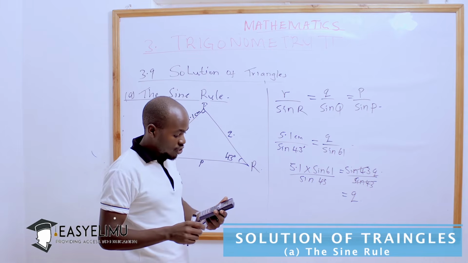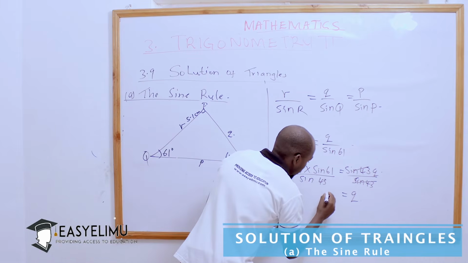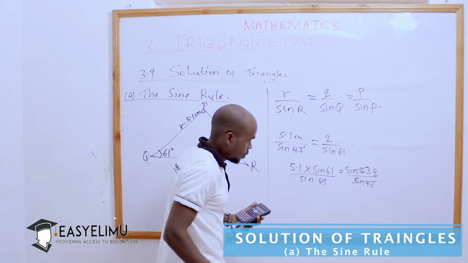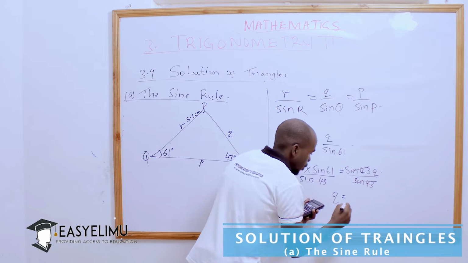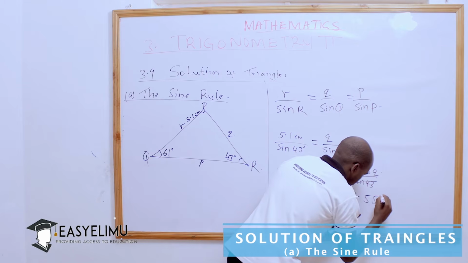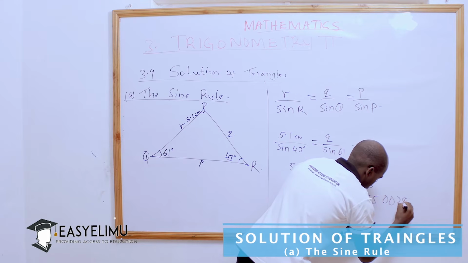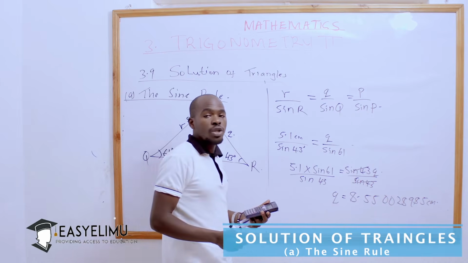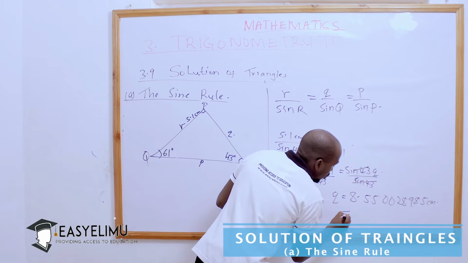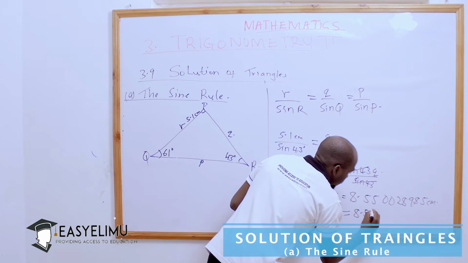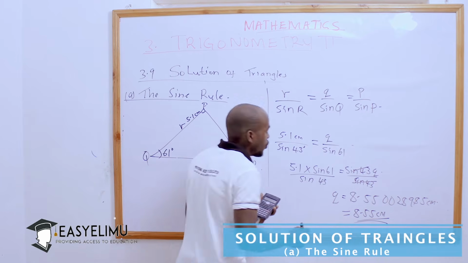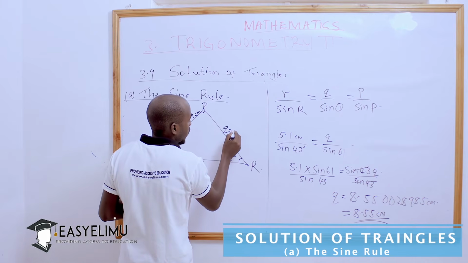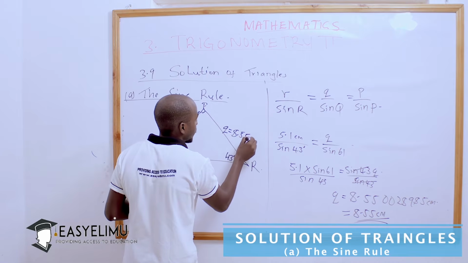After doing that, you will get q equal to 8.550028985 centimeters. But to two decimal places, q is 8.55 centimeters. So we have found the side q as 8.55 centimeters.